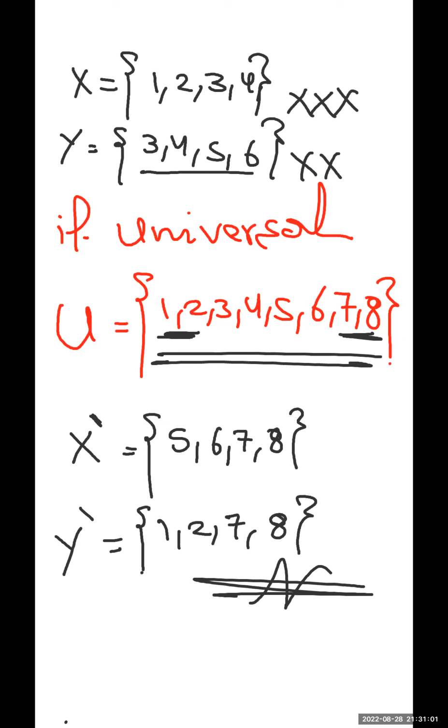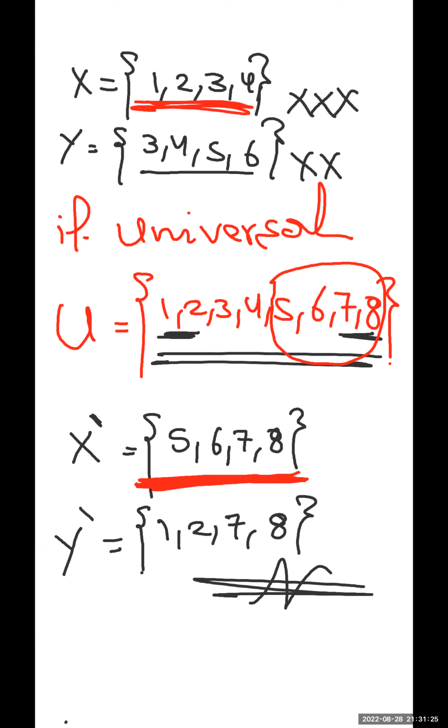So X consists of these elements 1, 2, 3, 4. To make it like universal exactly, we need 5, 6, 7, 8. That's why I wrote X complement 5, 6, 7, and 8. So this is to complement the set so that it will become like universal exactly.